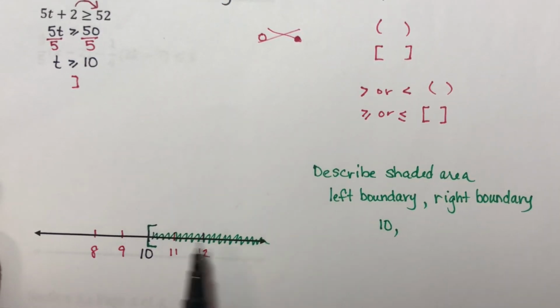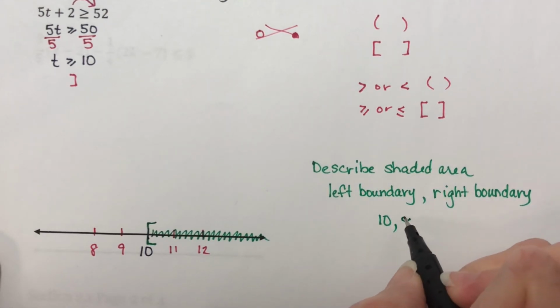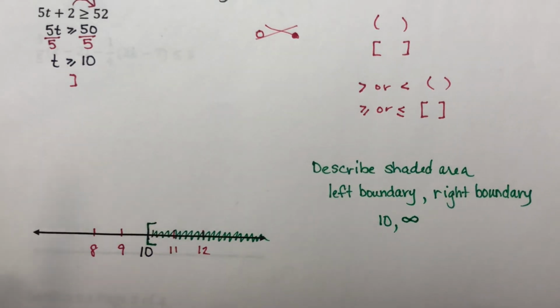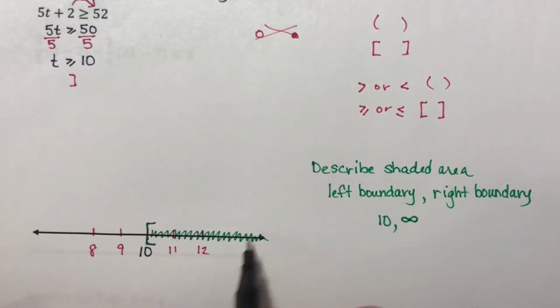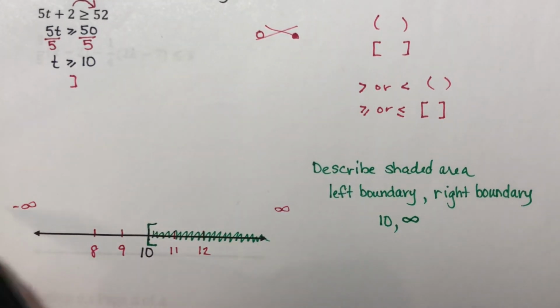My right boundary, well, this goes up forever, right? So since this continues to go up in the positive direction, we use a positive infinity. Now this is not part of your graph answer, but your infinities are over here and your negative infinity is over here. This goes to infinity in the negative direction, this goes to infinity in the positive direction. So my boundaries are 10 and then it goes up to infinity on the right.